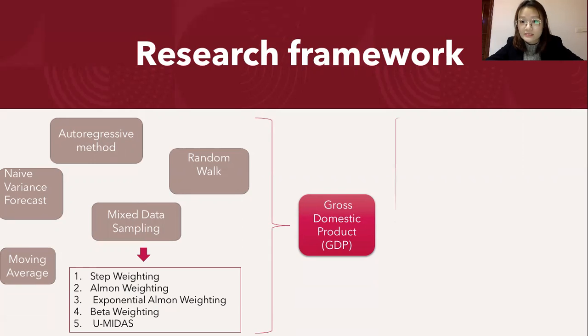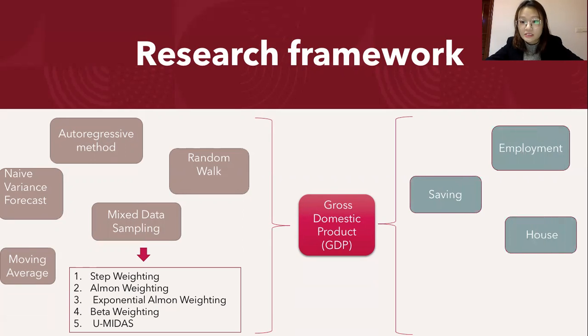We also add some independent variables, which are saving, employment, housing, and consumption. We try to find the relationship between these 4 independent variables and the GDP. We will also use the data of the 4 independent variables to forecast the GDP.